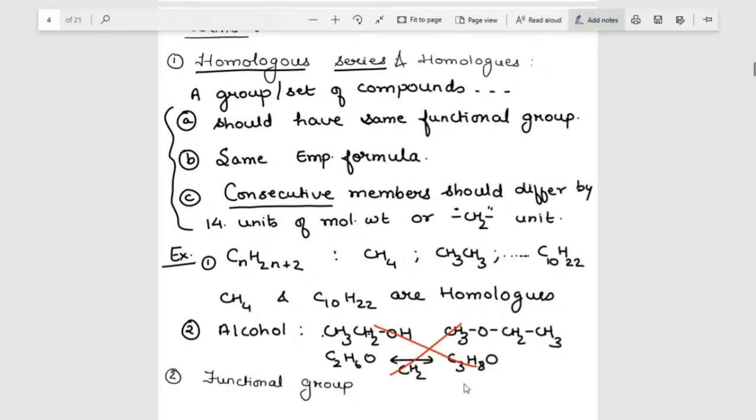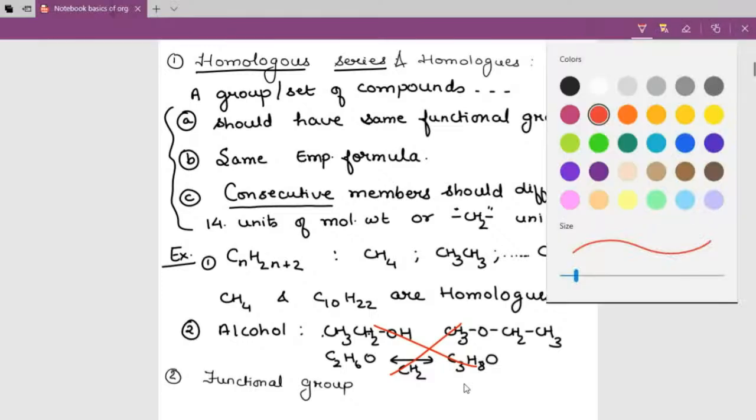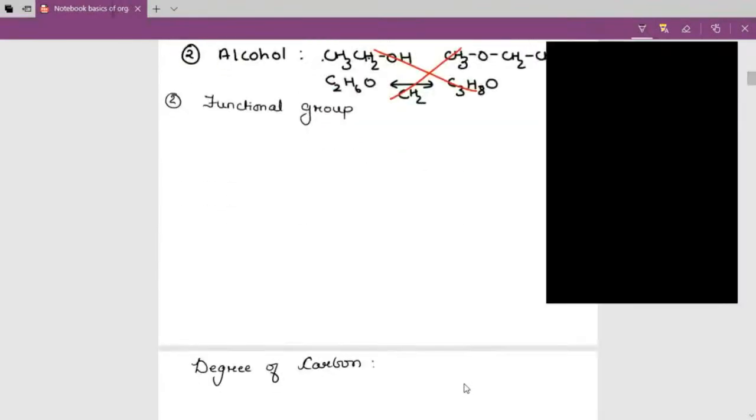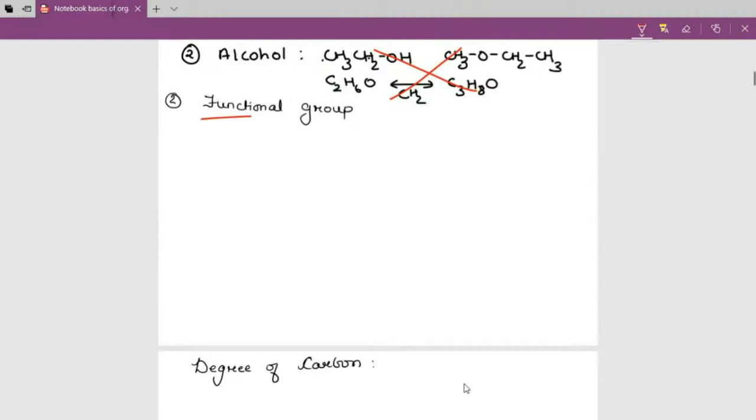Now, I am repeatedly using the word functional group. So what is this functional group?